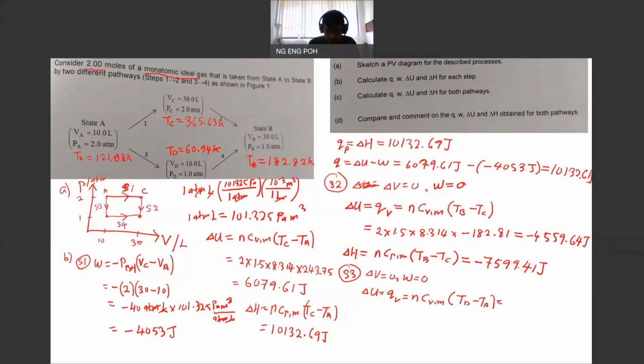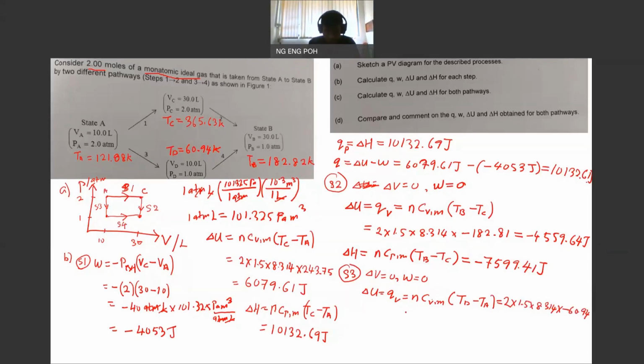So this is 2 times 1.5 times 8.314 times TD minus TA, 60.94 minus 121.88, negative 60.94.